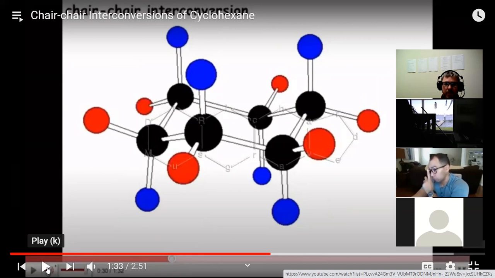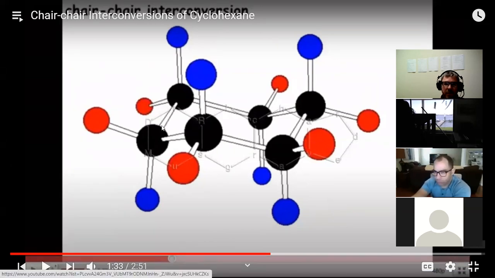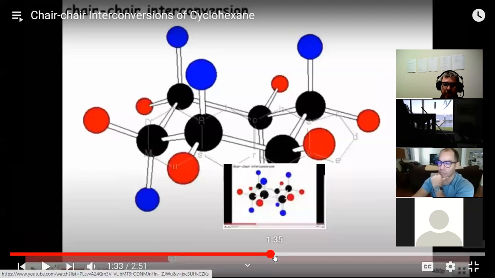You're just saying it's a chair because it's moving? Is that what you're saying? Yeah, well, we're twisting this C at the end upwards and twisting this C at the end downwards, which interchanges the hydrogens from axial to equatorial and equatorial to axial. Okay. So they are different.